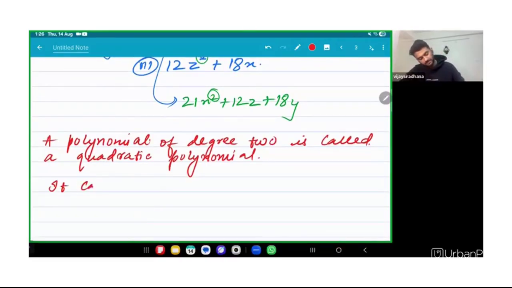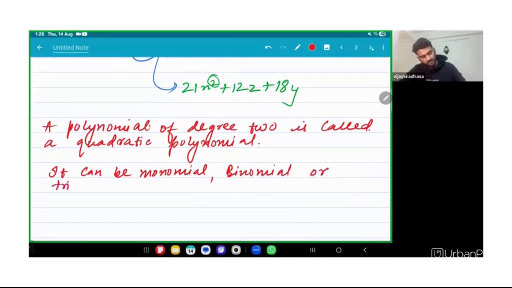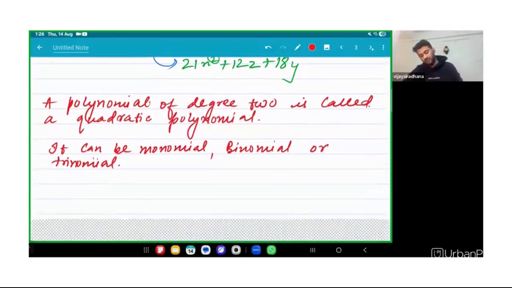Just keep one thing in mind, that the highest exponent should not be greater than 2. It should be 2, right?